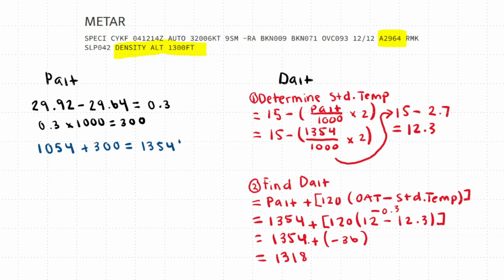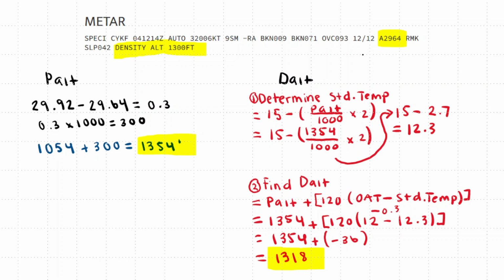So let's talk about what this means really quick. We got for our pressure altitude 1,354 feet, but our density altitude was 1,318. But why? So as we already covered, we calculated pressure altitude using only pressure, right? Whereas density altitude, we adjusted our pressure altitude to correct for the temperature of the air, right? And what do we know about this temperature here? 12 degrees. 12 degrees is less than standard atmospheric temperature because atmospheric temperature is usually 15.